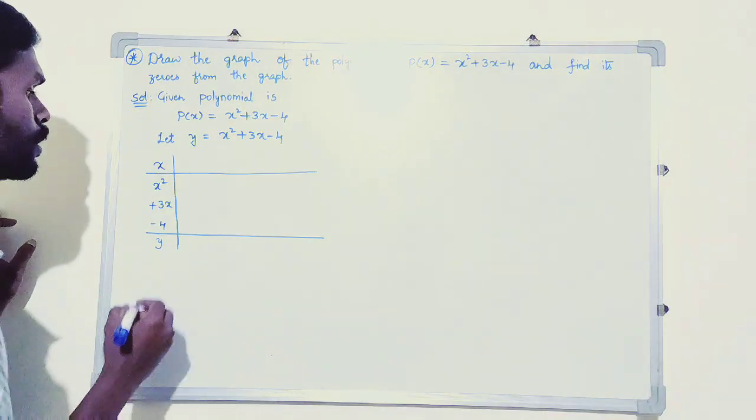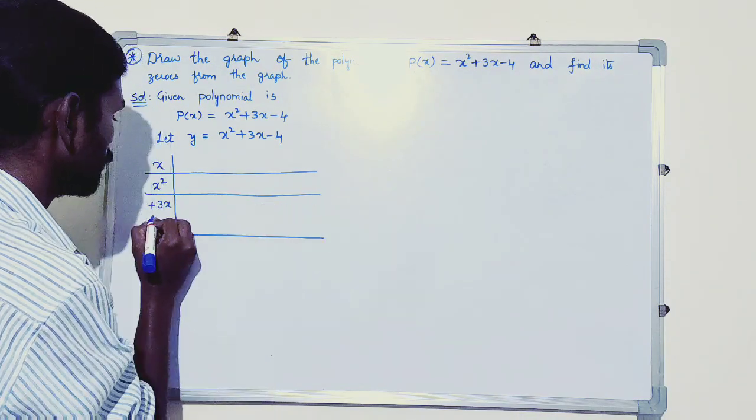So this is how to consider values. Now see here.